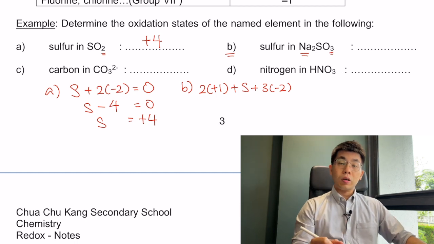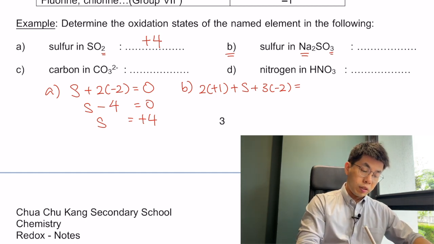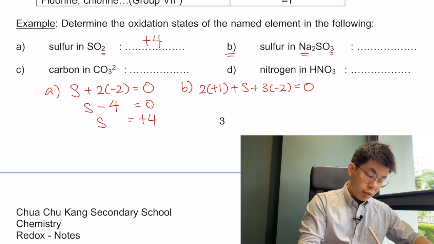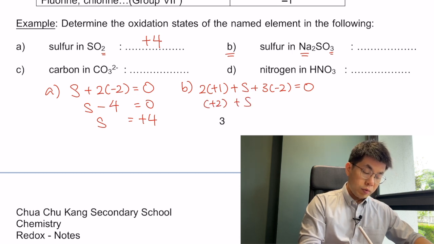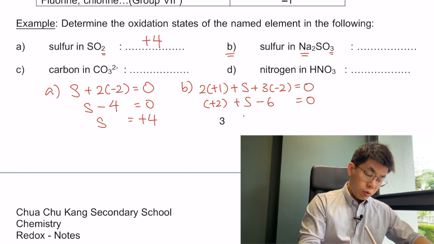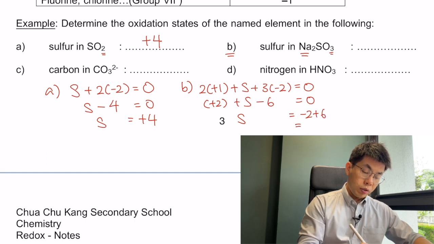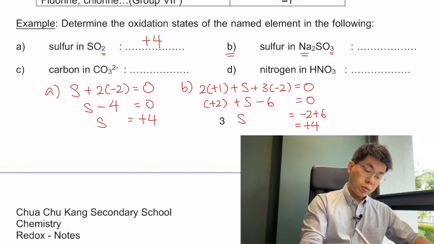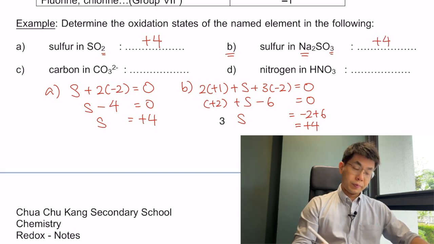Because this is a compound, the whole thing equals 0. So I have +2 plus S, and -6, equals 0. So S is equal to -2 plus 6, so S here is +4.